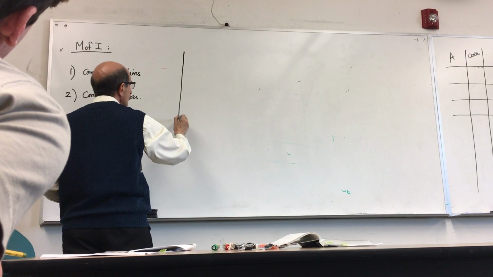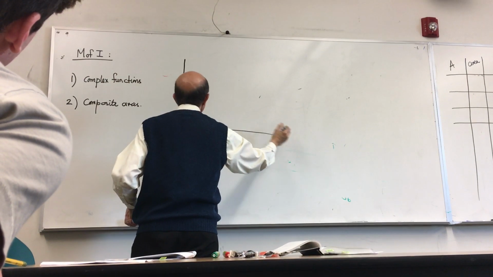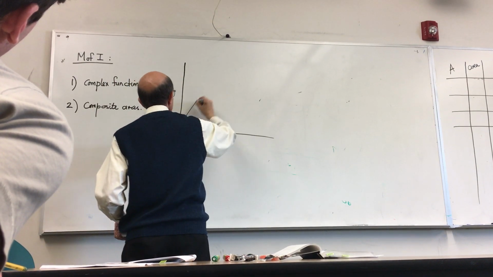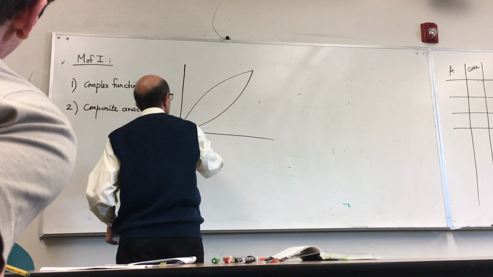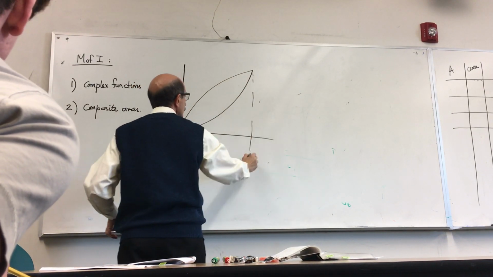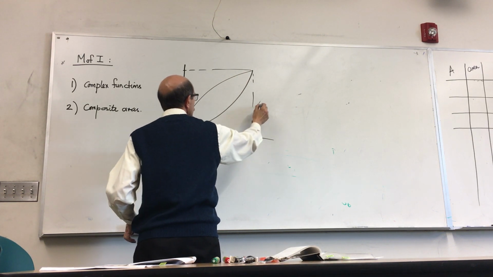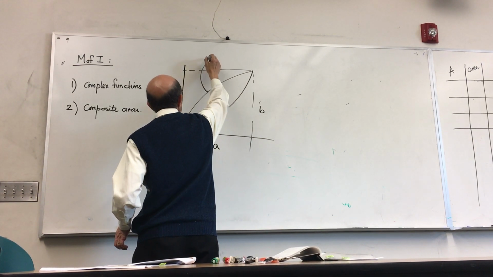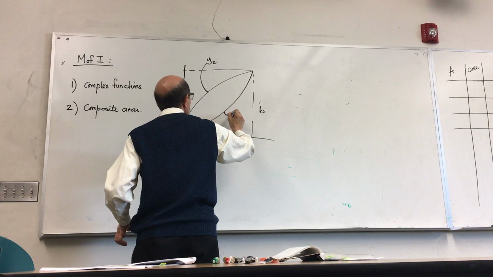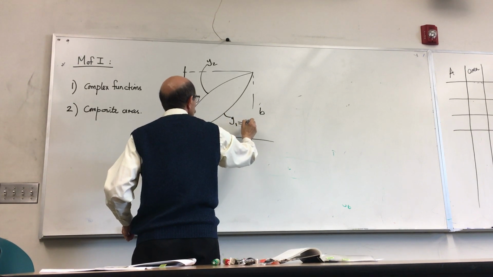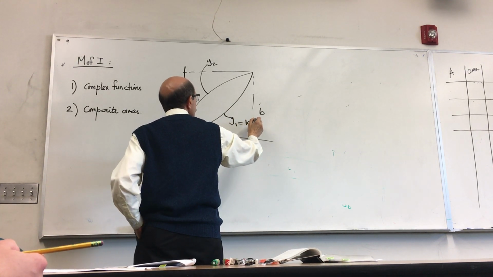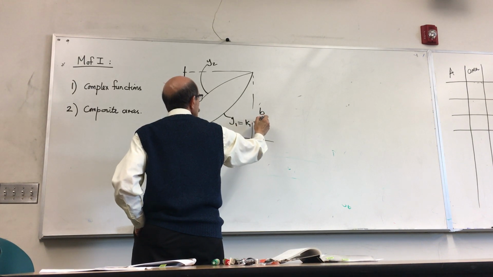So let's just consider something like this. I believe it was this problem. So this was A, this is B, this is Y2, Y1, which was K1 X squared.